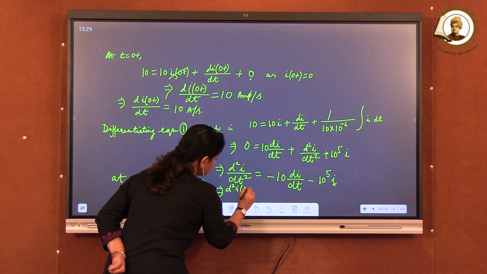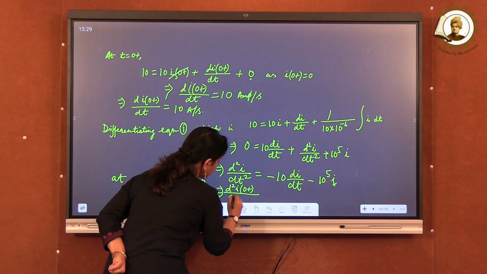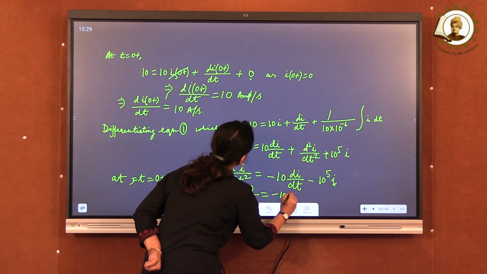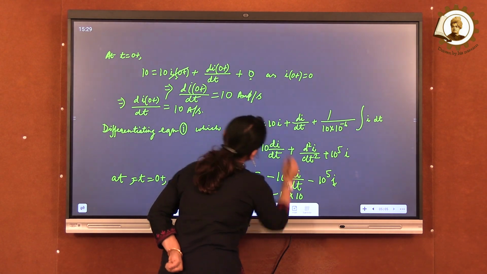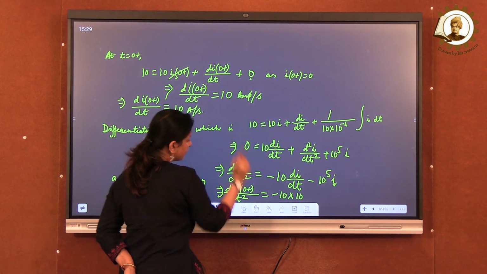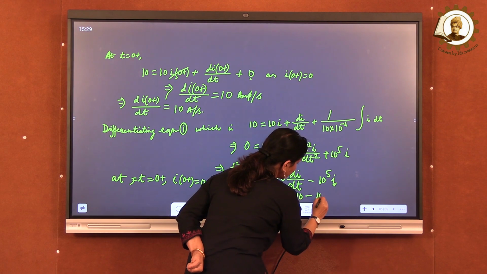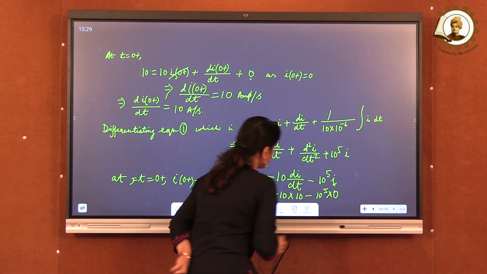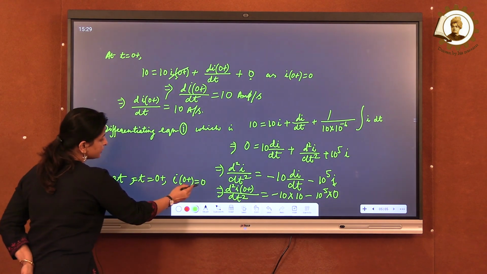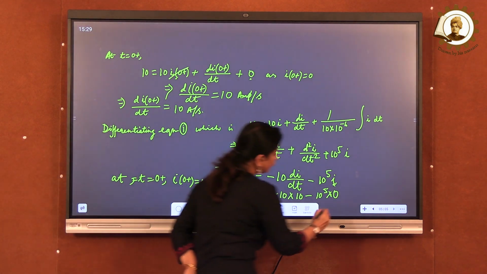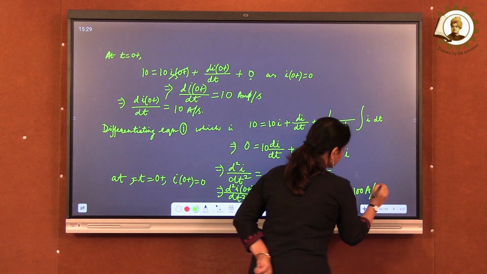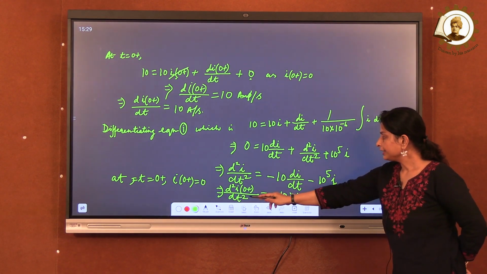So d2i/dt2 at 0+ is minus 10 into 10, as di/dt is 10 ampere per second, minus 10 to the power 5 into 0, as I(0+) is equal to 0. So what are we getting? We are getting minus 100 ampere per second square, because here we have dt2.